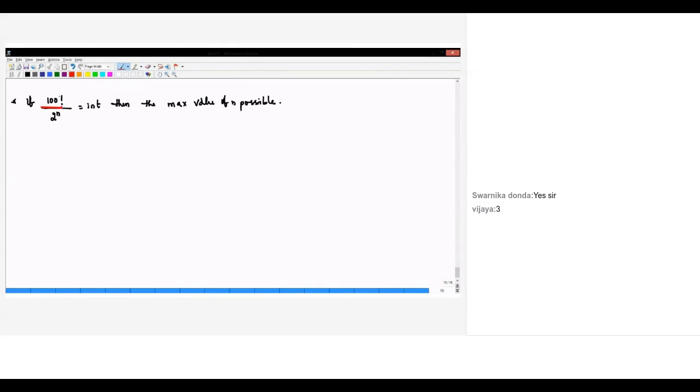Number of 2s contained in 100 factorial. So how do I find out number of 2s contained in 100 factorial? 50, 25, divide everything by 2. Forget about remainder, only quotient. 1. Add this. 97.